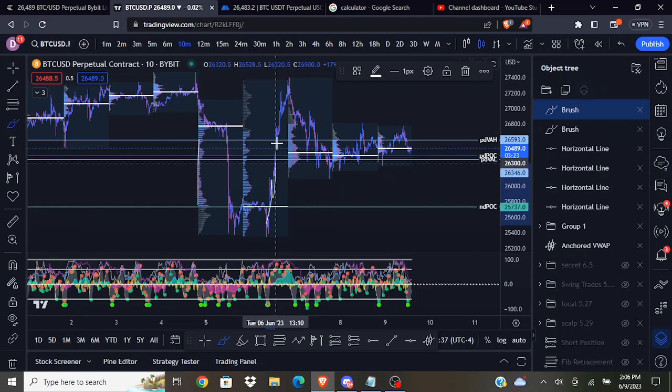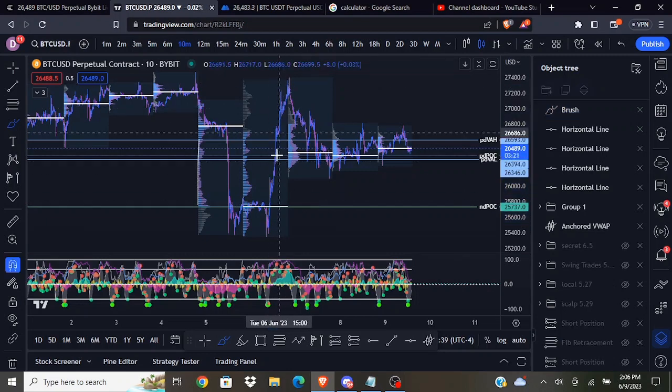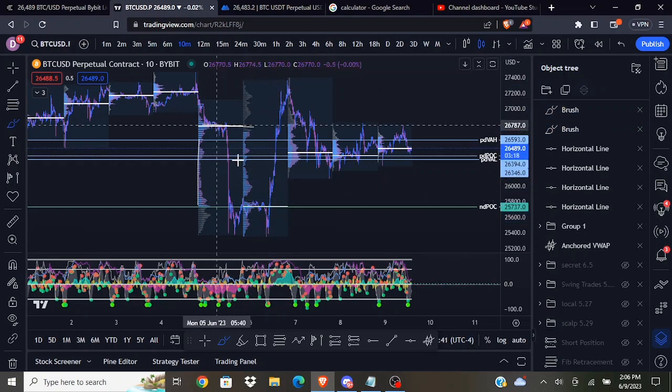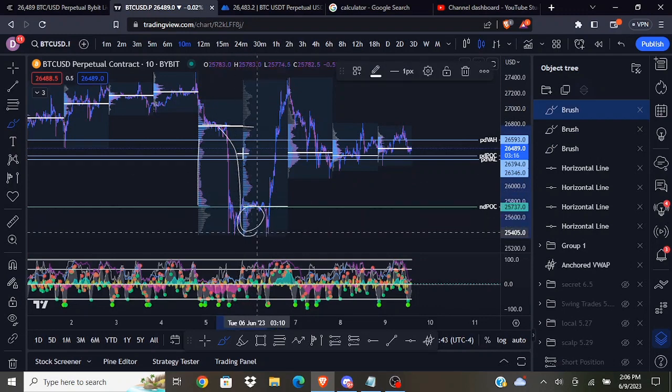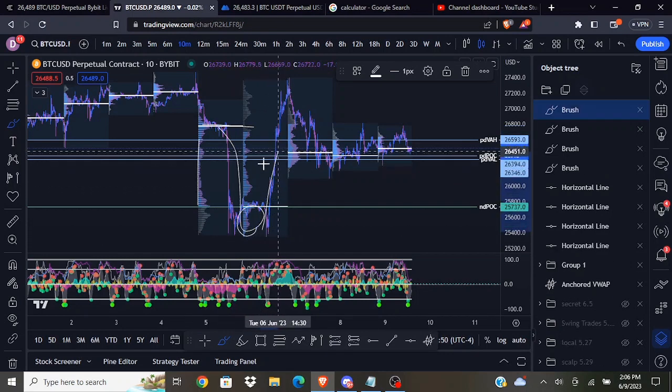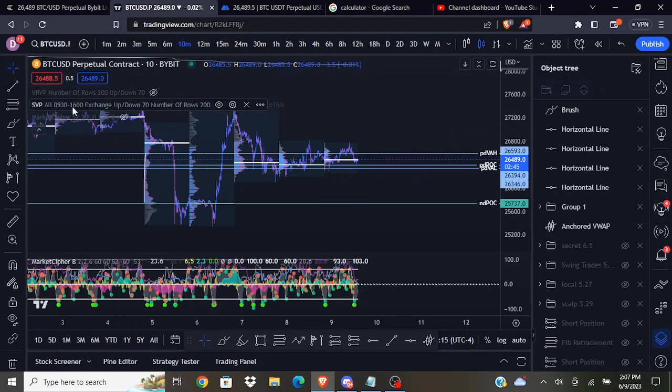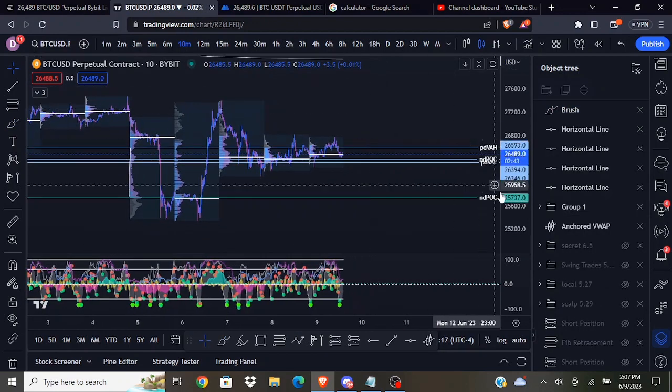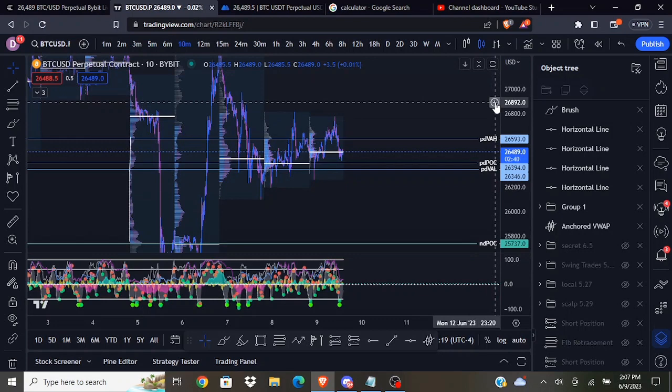We got acceptance back into the range. We got a rotation. And also, since price had moved far away from the fair value and we were oversold, it makes sense that price would come back to yesterday's fair value. So in a nutshell, the way I like to use PD levels is the same way I like to use range levels.